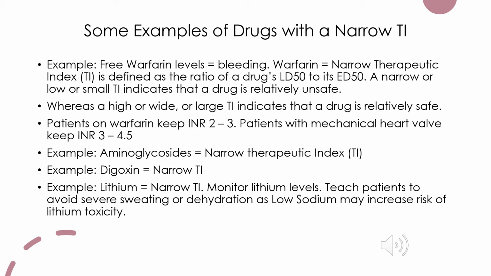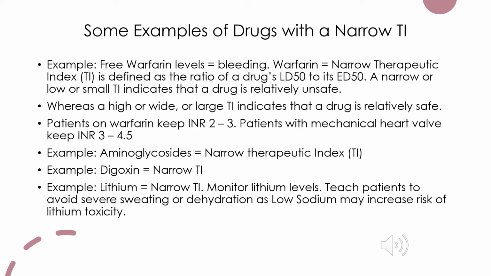When plasma levels are within the therapeutic range, there is enough drug present to produce therapeutic responses, but not so much that toxicity results. The objective of drug dosing is to maintain plasma drug levels within the therapeutic range.